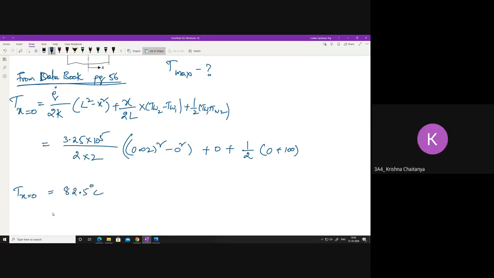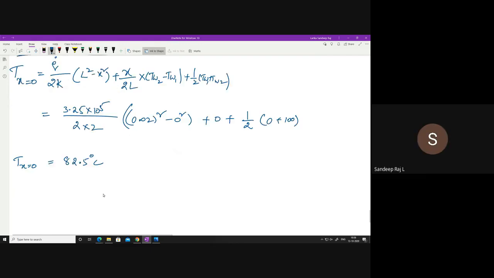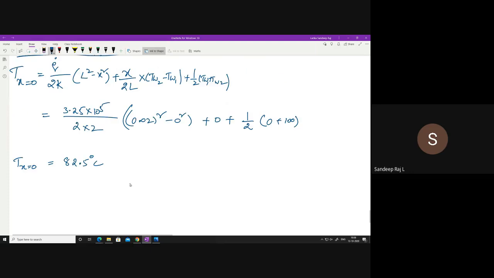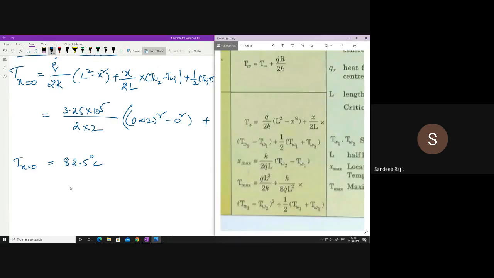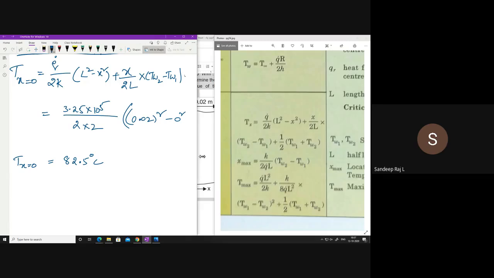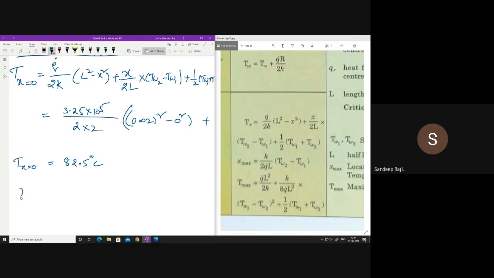Sir, is X max 0.015? X max, sir. Yeah, you're right, X max is correct. So for finding X max, I have to use this formula. The formula for X max is again from the data book, page number 56. X max is equal to K by 2 Q L into TW2 minus TW1.